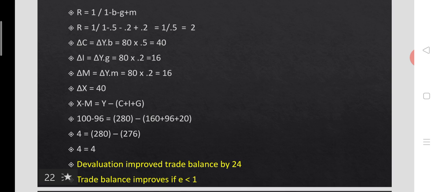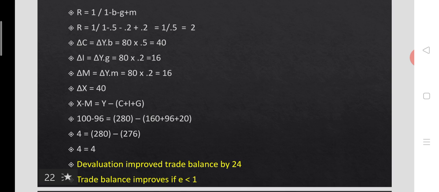Original import is 80, then 80 plus 16 is 96 million US dollars. Then 100 minus 96 is 4. That means the trade balance has become positive in this case, and Y minus A, where Y is the total income in this case, is just 280.